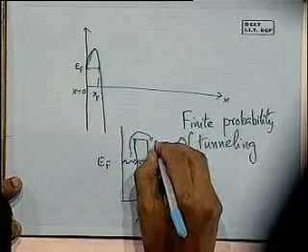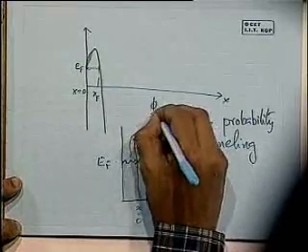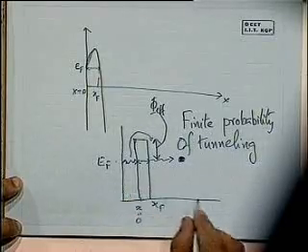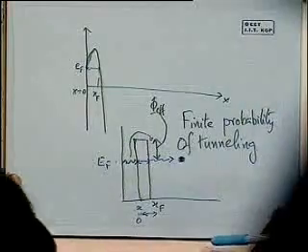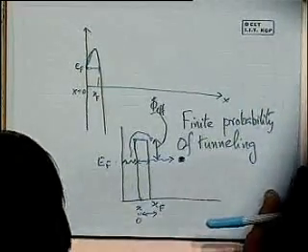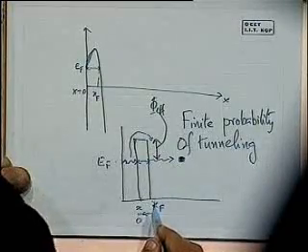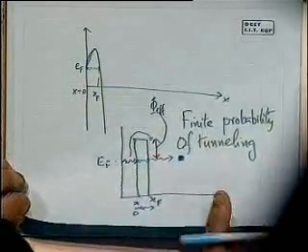So over here we have now the following parameters. The height is as before, phi effective above EF, and the width is xf, x subscript F. And what we see is that the probability of tunneling is a function of both this barrier height and the barrier width.